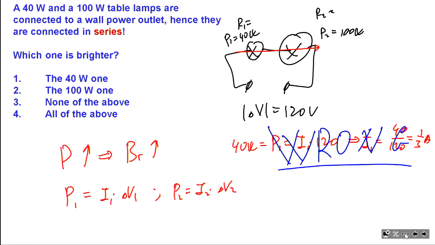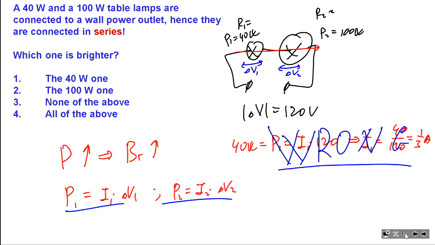We make a mistake, we find how to fix it, and we remember it for the rest of our life. Hopefully. So this is not 120. This is, we don't know actually what it is. We don't know what that is. So the equations are correct, but the number is wrong.